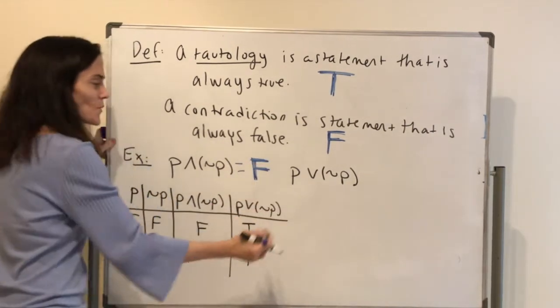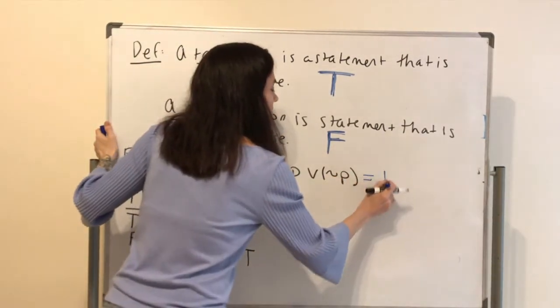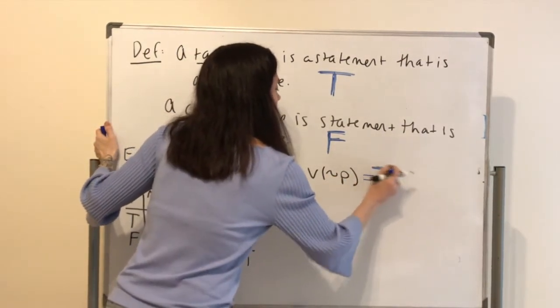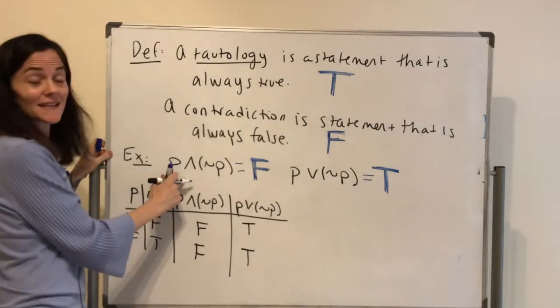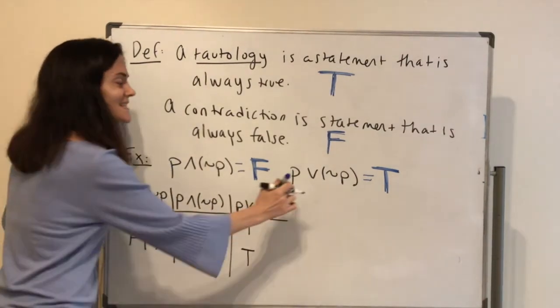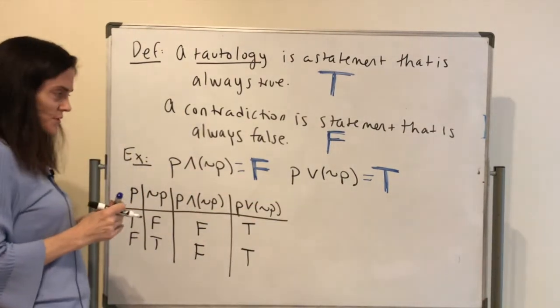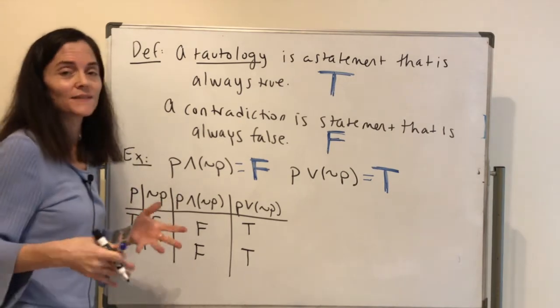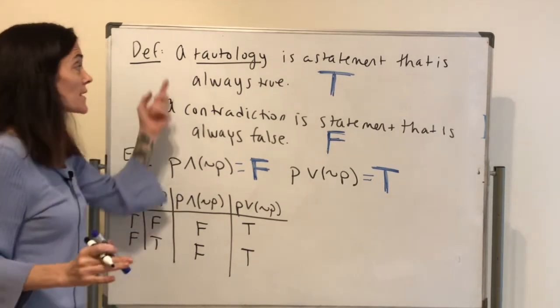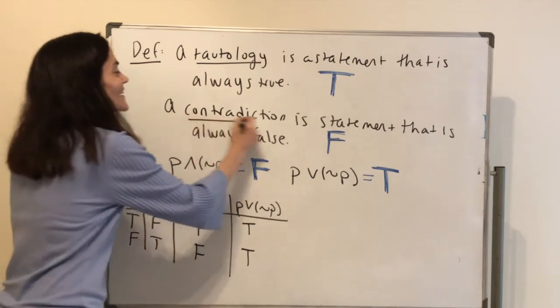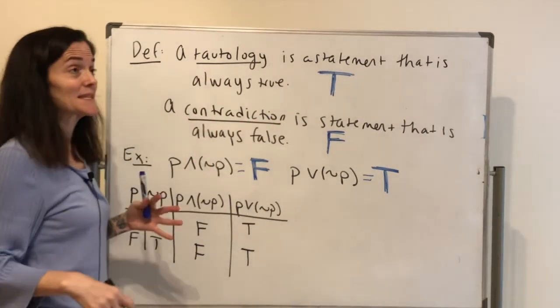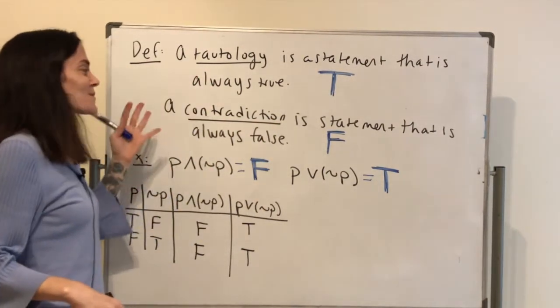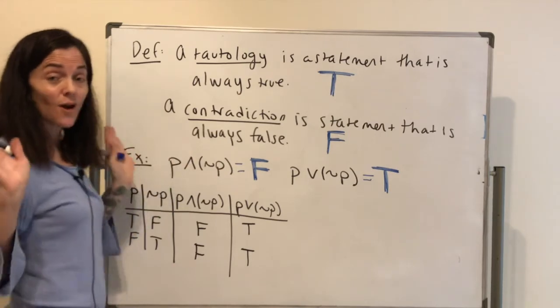And this one, the or, this is here. Okay. This one is a contradiction, always false. This one is a tautology, always true. But you can have expressions involving more than one input variable that are tautologies or contradictions. Okay, it just means the statement is always true, or it means if it's a contradiction, the statement is always false.